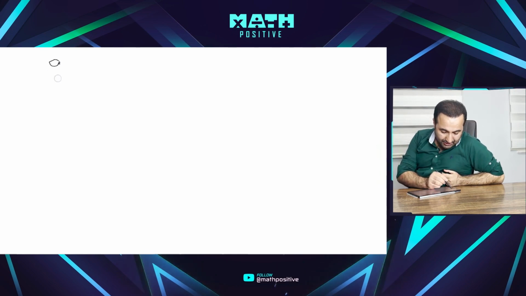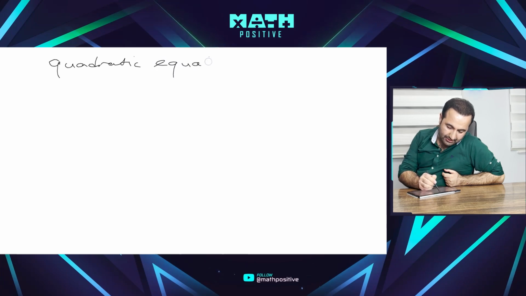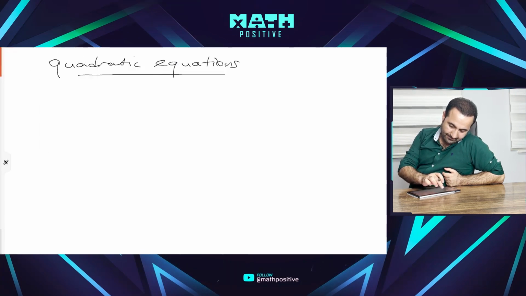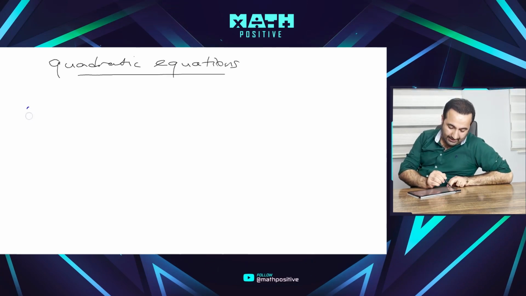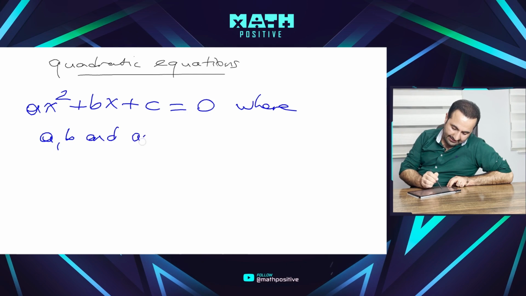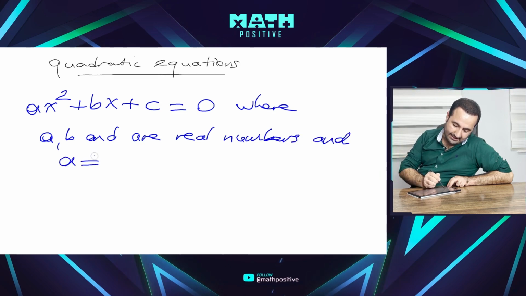A quadratic equation looks like a times x squared plus b times x plus c equals 0, where a, b, and c are real numbers and a is non-zero.